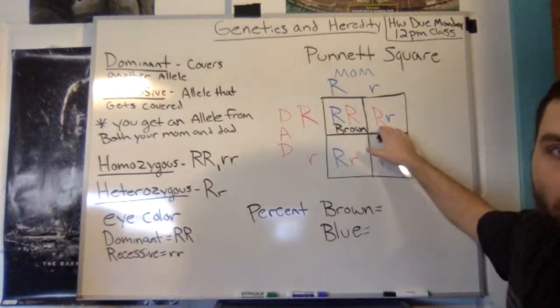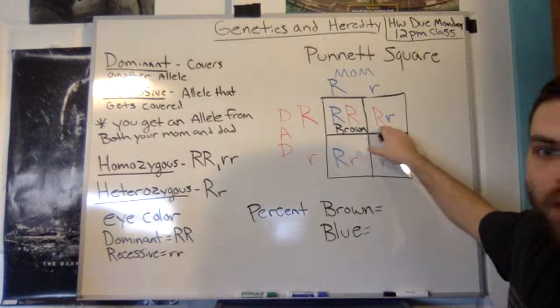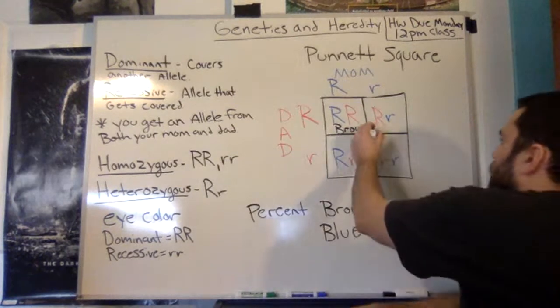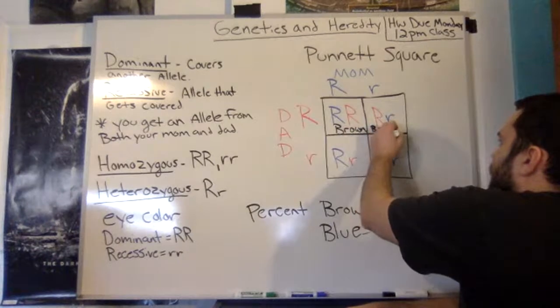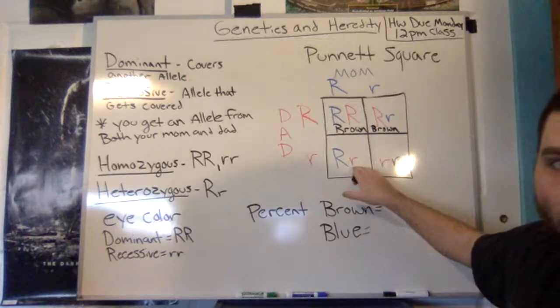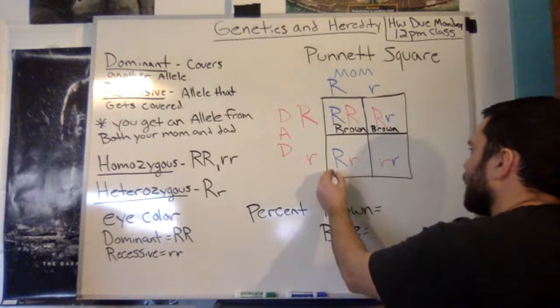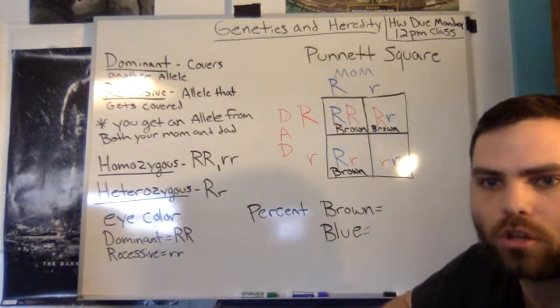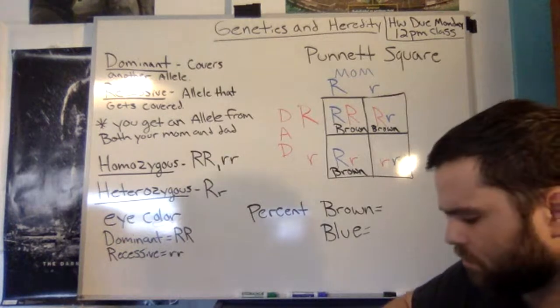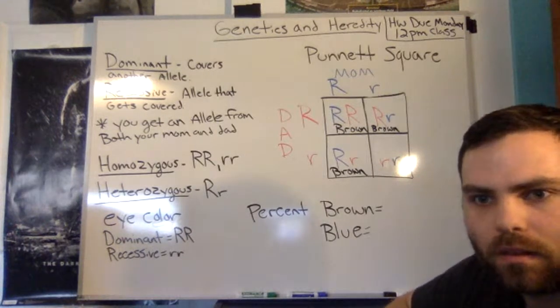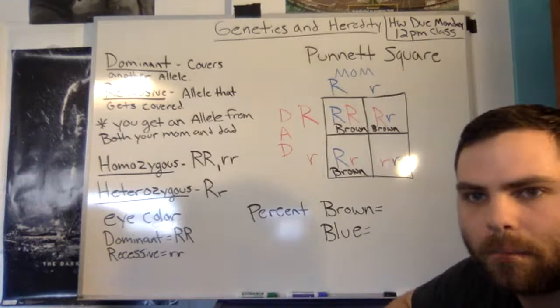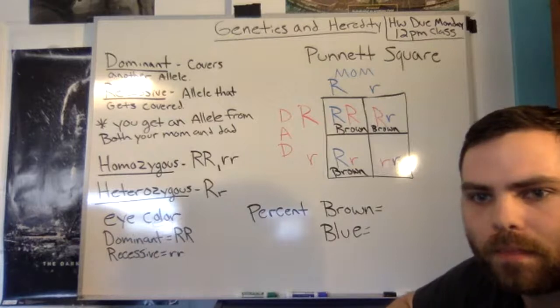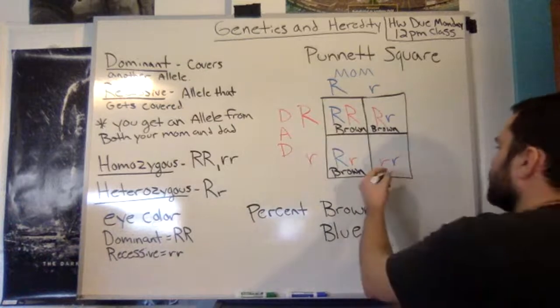Now we have uppercase R, lowercase r. So we got brown again because there is an uppercase. Now we got uppercase R, lowercase r. That's still going to be brown. But now we have two lowercase r's. So what eye color is that going to represent? I'm asking you guys. All right, so this is going to be blue.